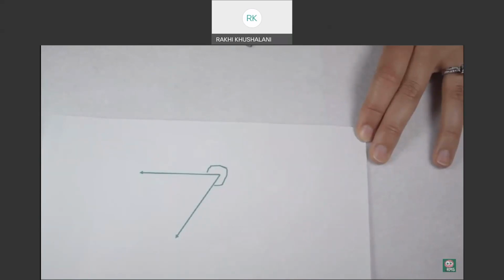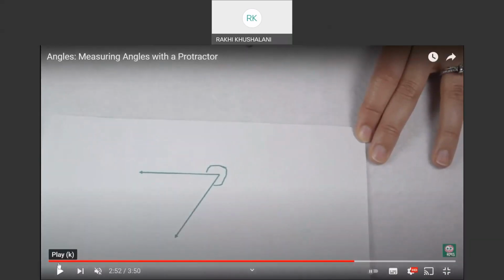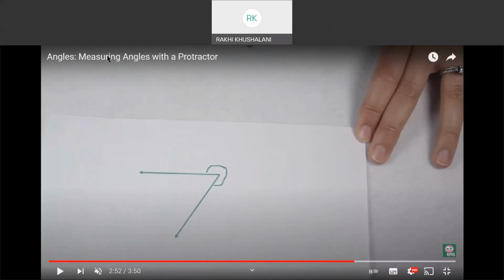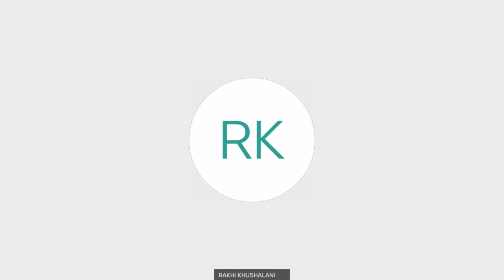Okay, 145 is the measure of the angle. So I hope, children, somewhere I have helped you all out. But of course, till we don't do it live, we will not be able to understand it so well.